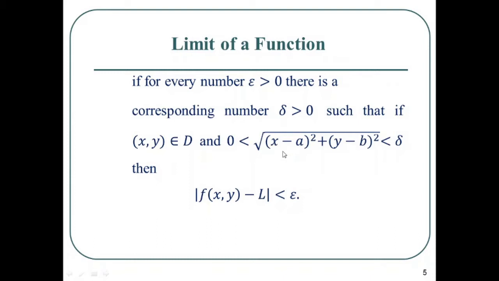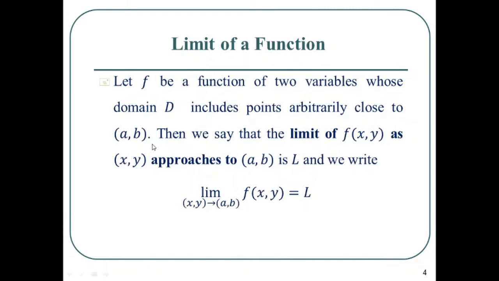And this definition tells us that f(x, y) is a function of the ordered pair (x, y), and (x, y) approaches some point (a, b). When (x, y) approaches some point (a, b), the distance between (x, y) and (a, b) becomes very small, as small as possible.